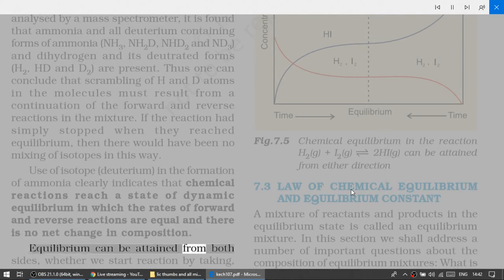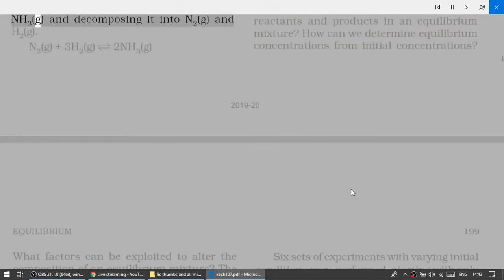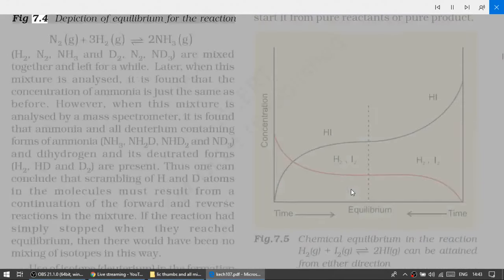Equilibrium can be attained from both sides, whether we start reaction by taking H2(g) and N2(g) and get NH3(g), or by taking NH3(g) and decomposing it into N2(g) and H2(g). N2(g) + 3H2(g) ⇌ 2NH3(g). Fig. 7.4 depiction of equilibrium for the reaction.